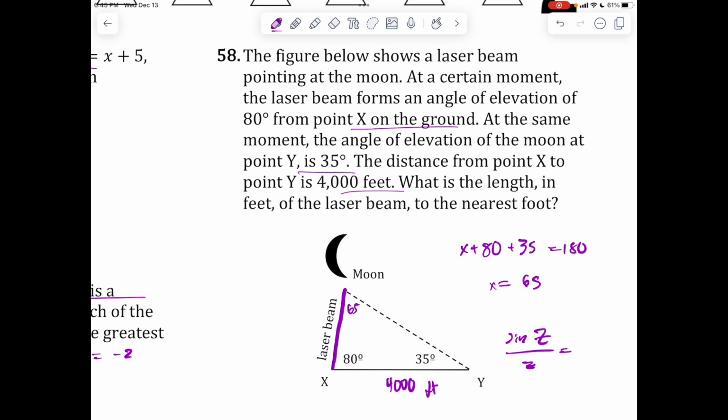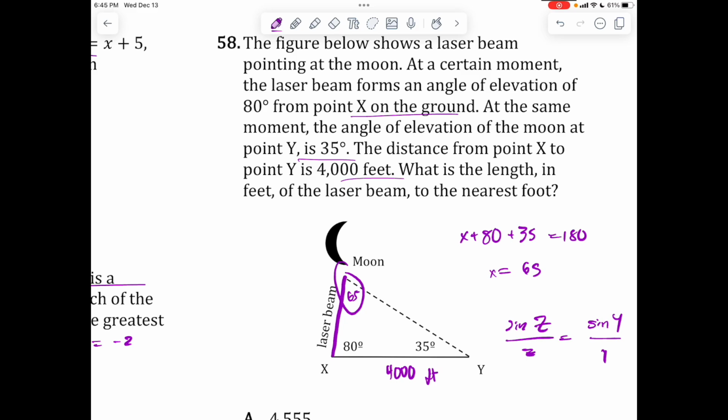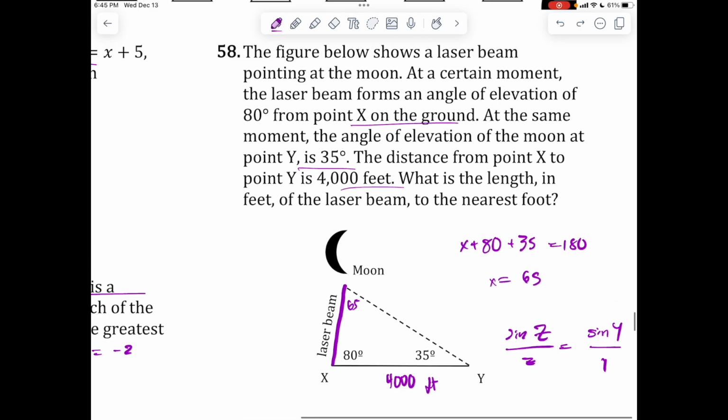So sine z over z is going to be equal to sine of y over lowercase y. So sine of angle z divided by the side length z is equal to the sine of angle y divided by the side length of y. Okay? We know everything in this equation other than the side length here.